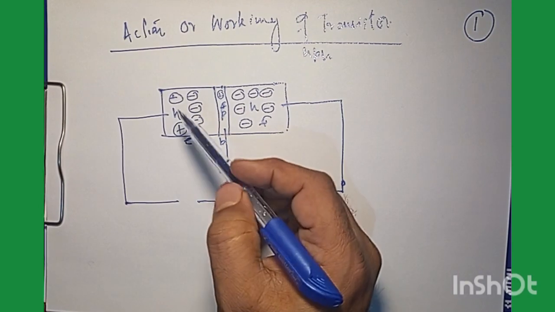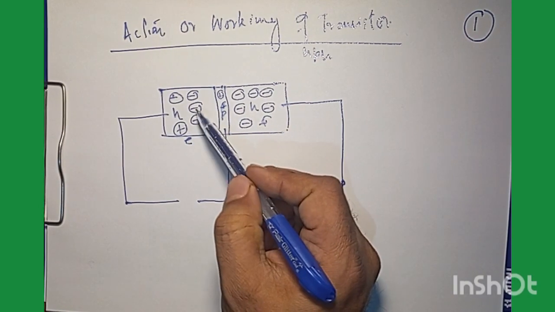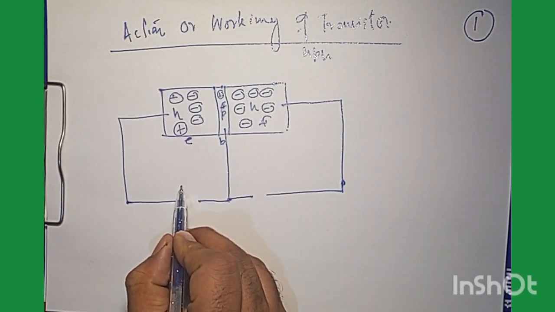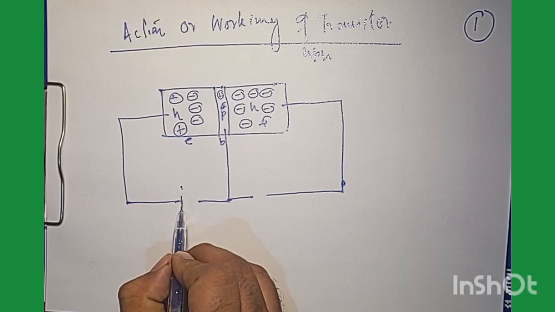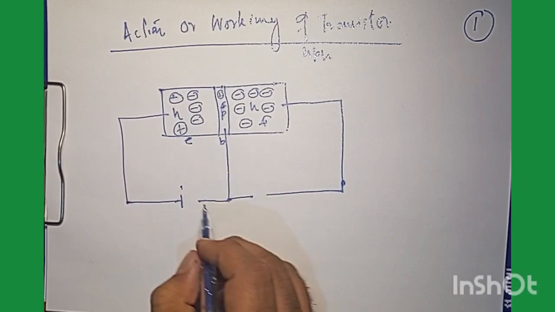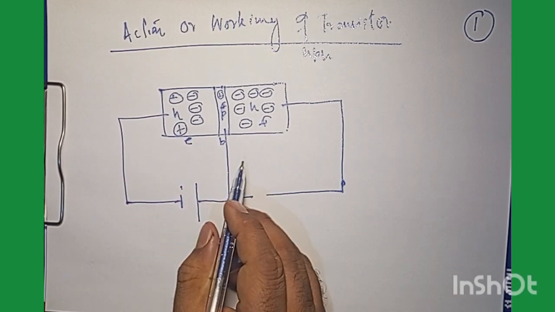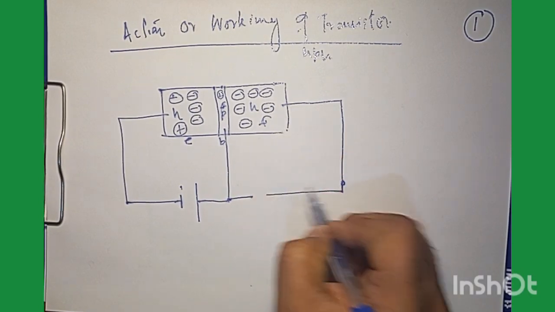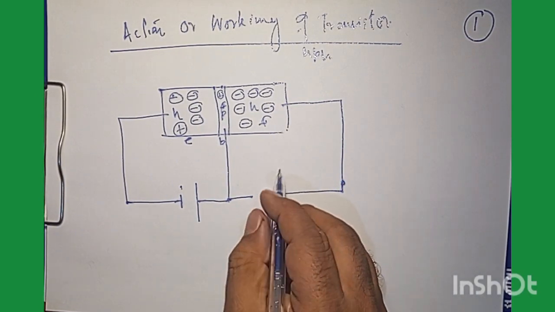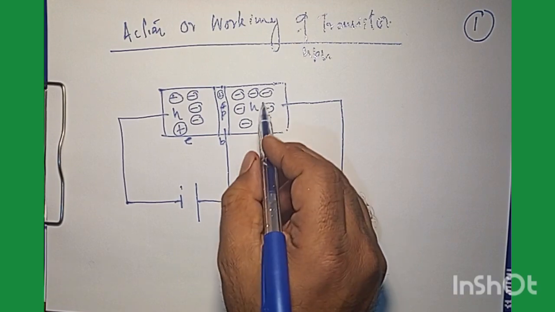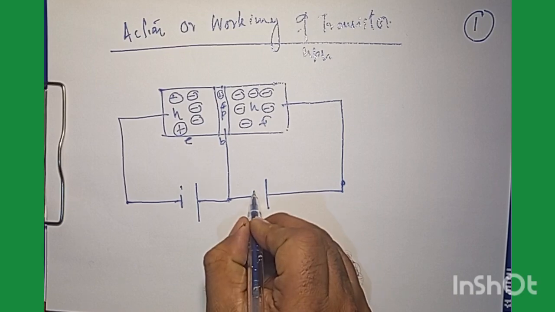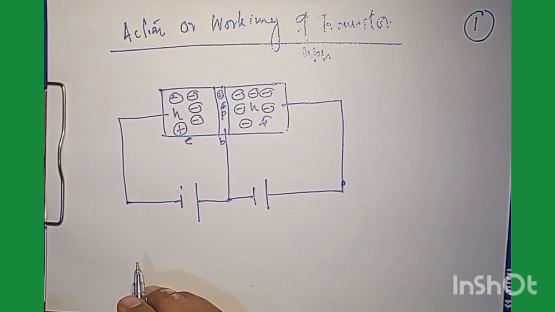In order to make the emitter-base forward biased, I should use negative for this N, and positive for this P. Similarly, the output circuit has to be reverse biased, so I want to attract these electrons, so this should be positive and this should be negative.